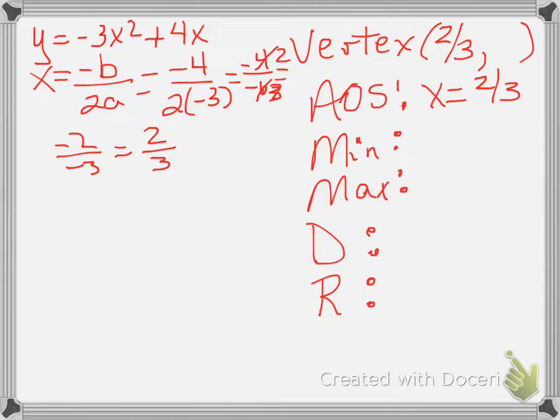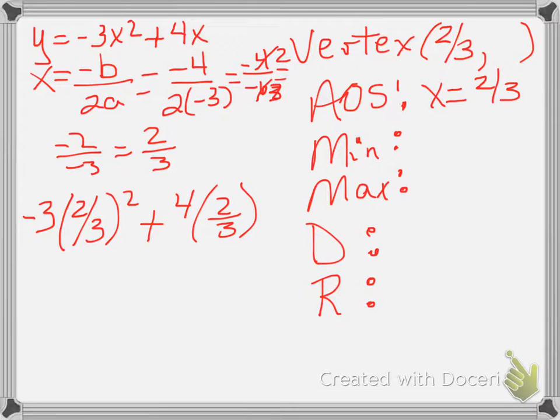Alright, now let's plug this into our equation. So when x is 2/3, we have negative 3 times 2/3 squared plus 4 times 2/3.